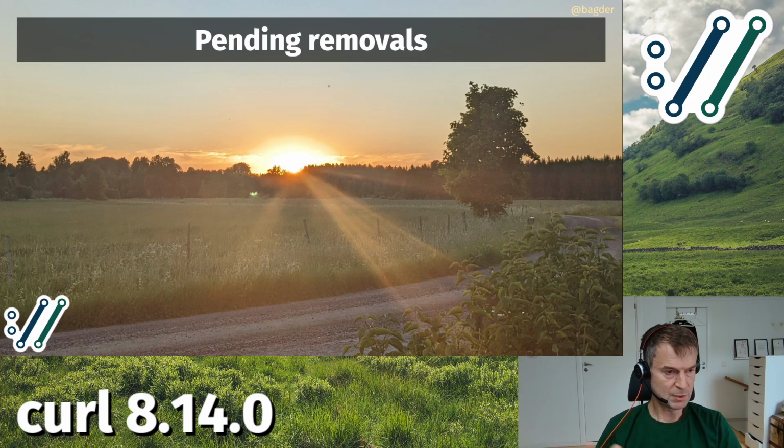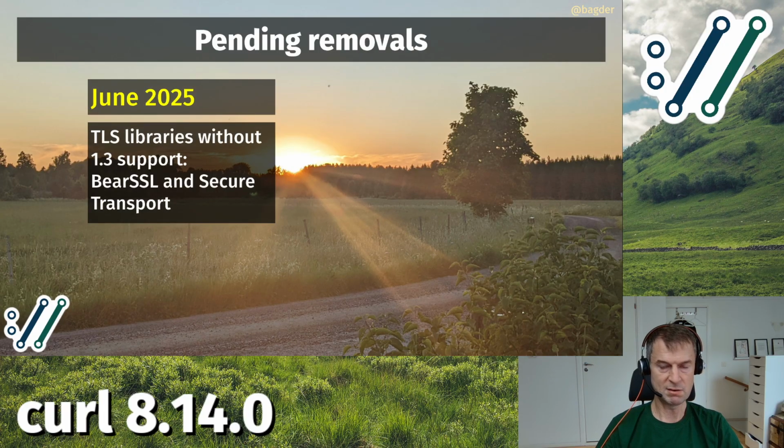Okay, so those were some of the interesting bug fixes this time around. And in the project, we're of course always working on removing things that people are not using, and dead end things in the project, and related stuff. So heads up, in June, which is just a few days off, we will remove support for two TLS backends.